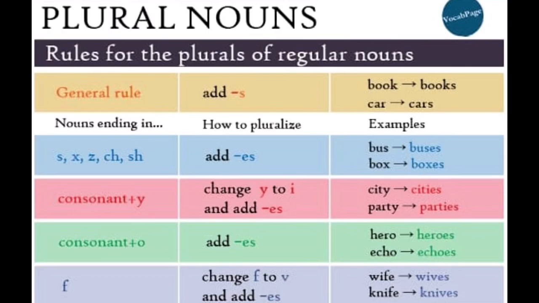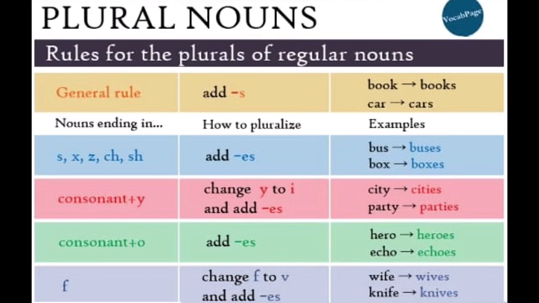Some words are such that we simply add the letter s at the end to make them plural. That you have to learn and you will get them with the passage of time, with practice. So, for example, book. We will simply add s to make it plural. Books. Car will become cars. Bat will become bats. Like this.